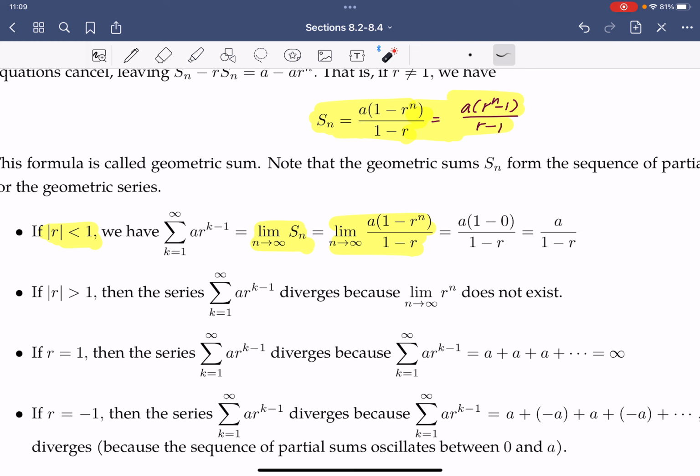If your absolute r is bigger than 1, this is the case where the series is going to be divergent, because when you take a limit here, if r is getting big, suppose r is equal to 5 million, then 5 million to the n is going to be super big, and the limit is going to be plus infinity or minus infinity, which means the limit does not exist, and that means the series is going to be divergent.